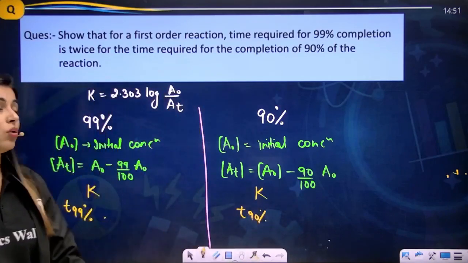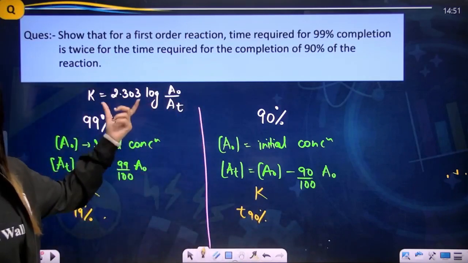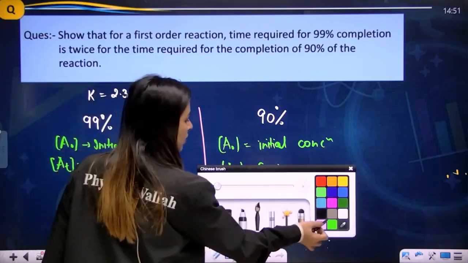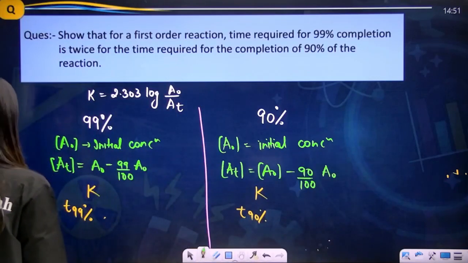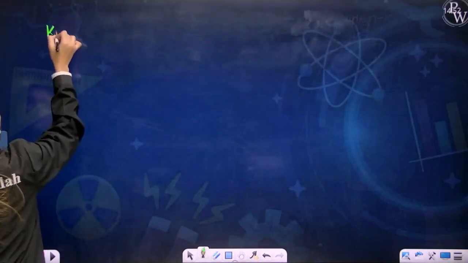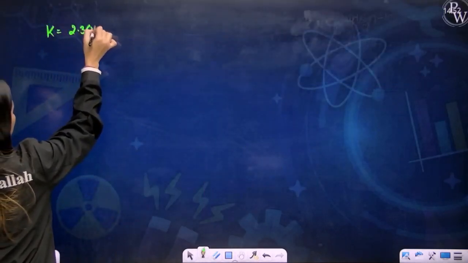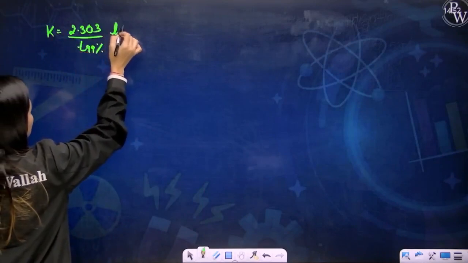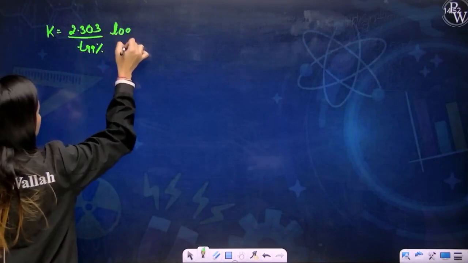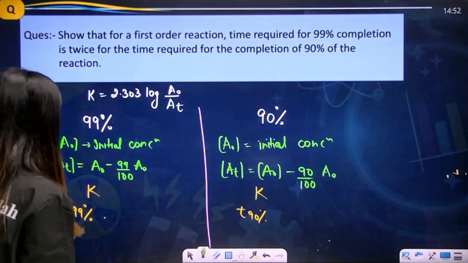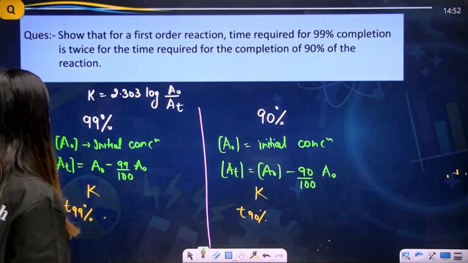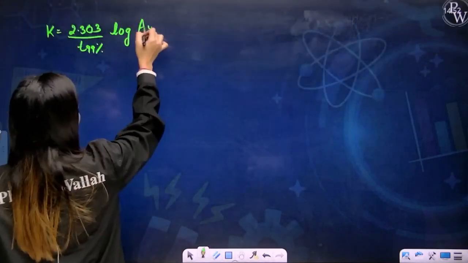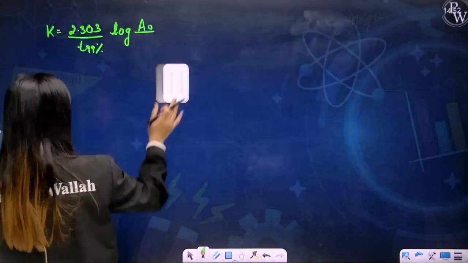Now let's put all these values in the integrated rate law for both of them. I'll say K is equal to 2.303 upon t 99% log A naught upon, I'll have to subtract it right here.